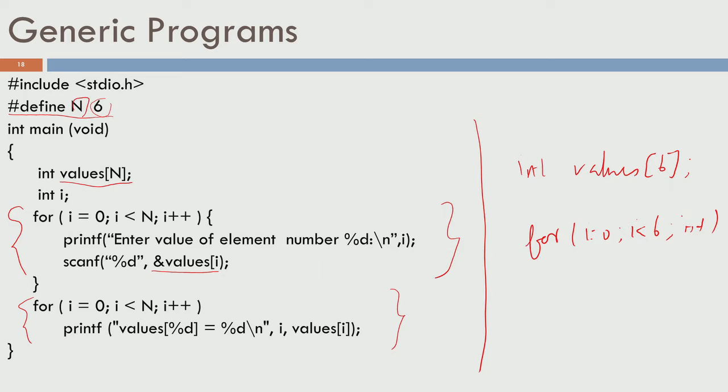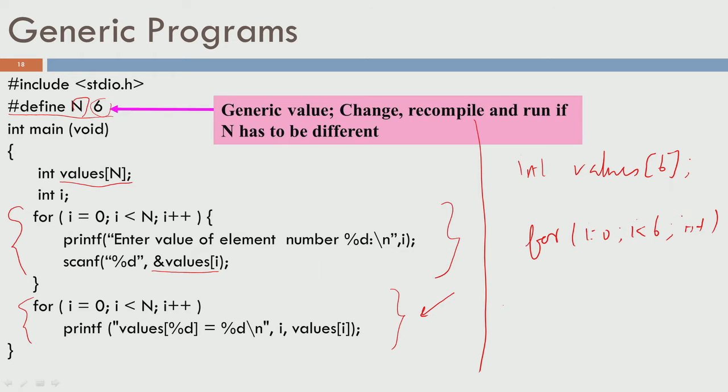So, we have indices that go from 0 to 5, I am sorry, it is 0 to 5 and not 0 to 6, and this loop also runs from 0 to 5. So, we have 6 locations numbered 0 to 5.